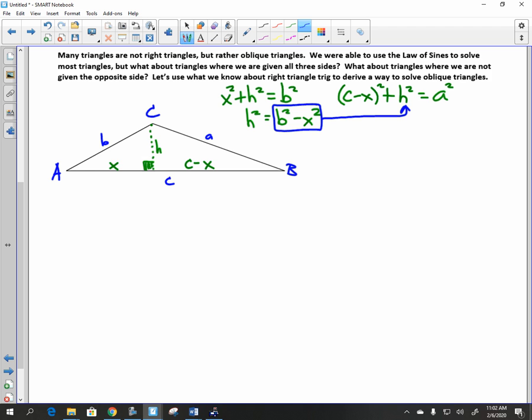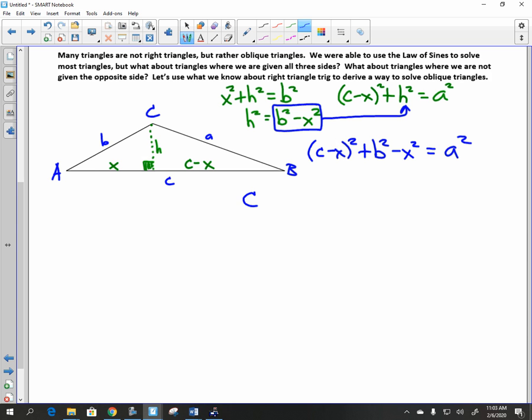So I really have got two goals with this formula. Get rid of h and get rid of x. So far, I've accomplished the first. C minus x quantity squared plus b squared minus x squared is equal to a squared. Everybody agree that the h's are gone? Hey, I got an idea. How about we multiply out this c minus x? And when we do, maybe the x's will be gone.